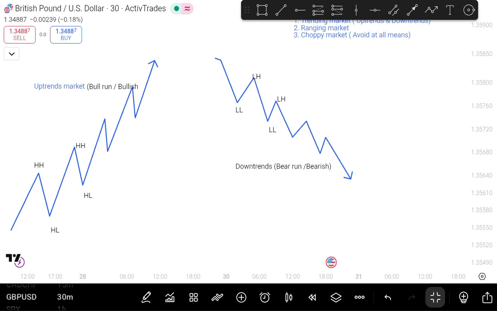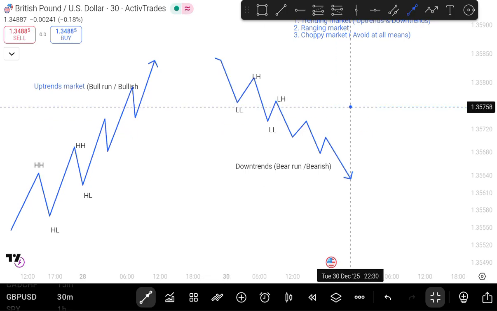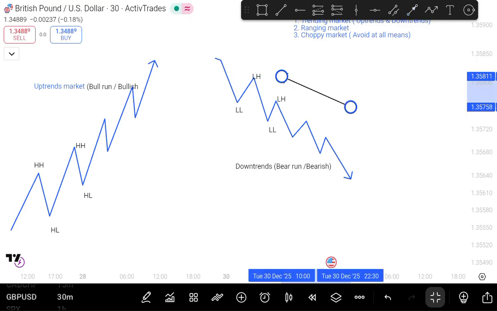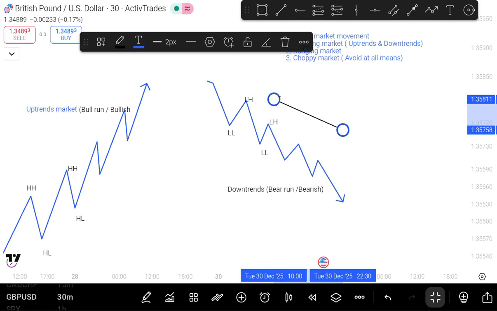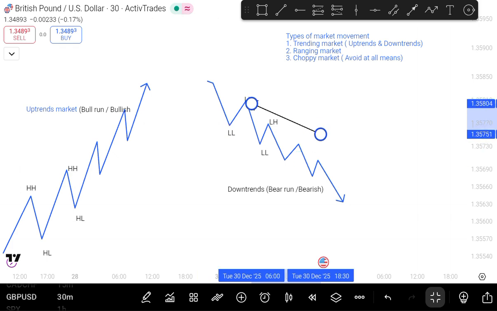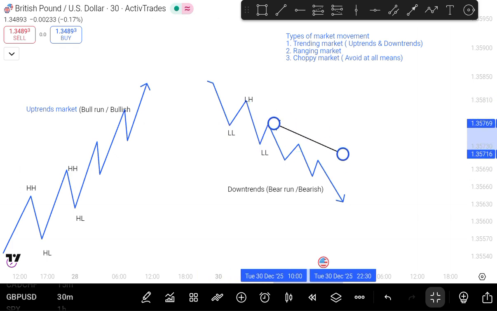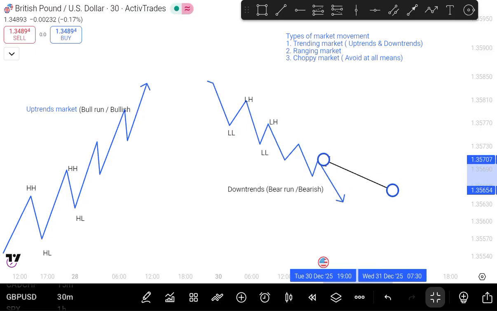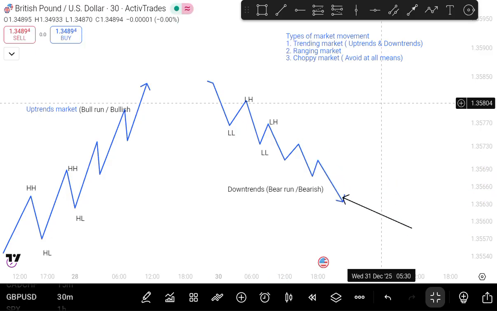You can see what the downtrend market is forming: a lower high and a lower low. It means that when the market is giving you this type of scenario, then the market is in a downtrend. It's forming the lower low, lower high, lower low, lower high, lower low.